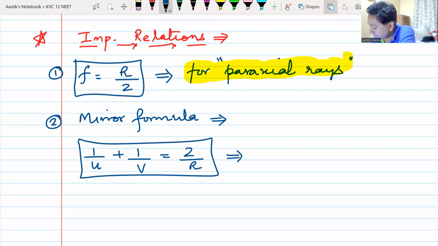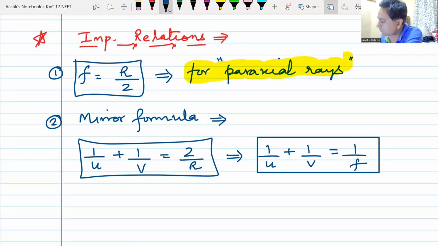Since R by 2 is f, I can write this formula in this fashion: 1 by u plus 1 by v is 1 by f, the legendary mirror formula. There is a derivation for this mirror formula as well, which we are not going to discuss in this class. That is a part of your board exams and would be done in the board class. Do we understand this? Yes or no?